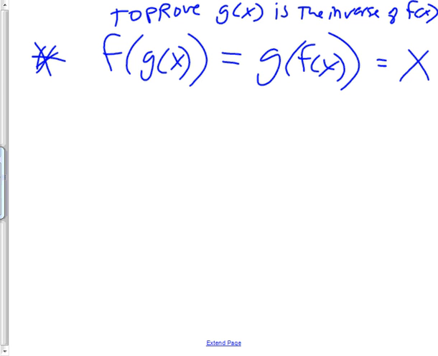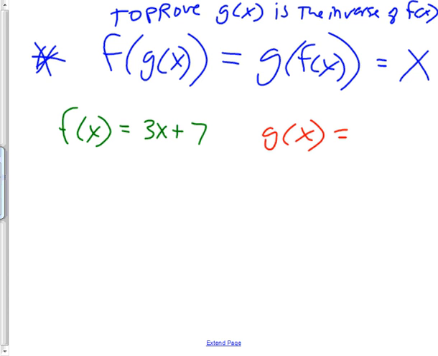All right, so let's do one. We just had one a second ago where f of x was, could you look at your notes for a second and tell me what I gave you? That one where we changed, it was like 3x plus 7 or something like that? What was the inverse that we got out of that one? X minus 7 over 3. Can anybody verify that?